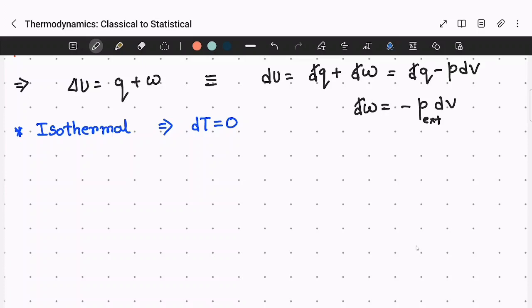We will see later in a question how we can calculate the internal energy. Obviously for an ideal gas we can calculate it, because in an ideal gas there is no interaction between the gas molecules.